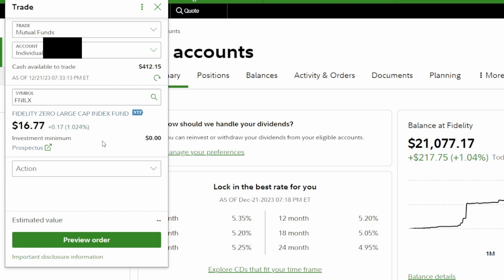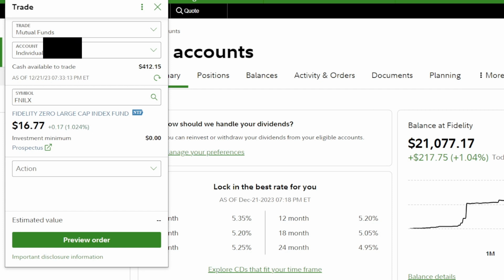This will track just the large cap stocks. And that can be really good if you're focused on investing in mainly those large cap companies, and those large cap companies tend to see pretty good returns, at least in recent history. So this can be a good fund to buy if you're more focused on high returns and you're willing to take a little bit more risk.